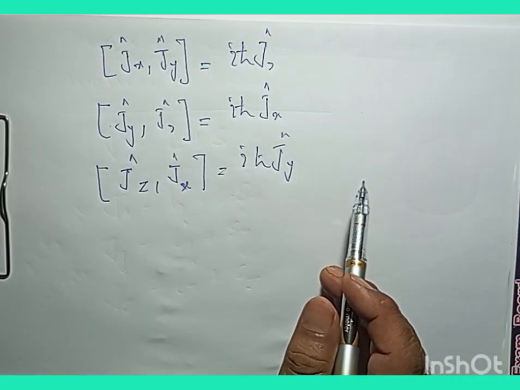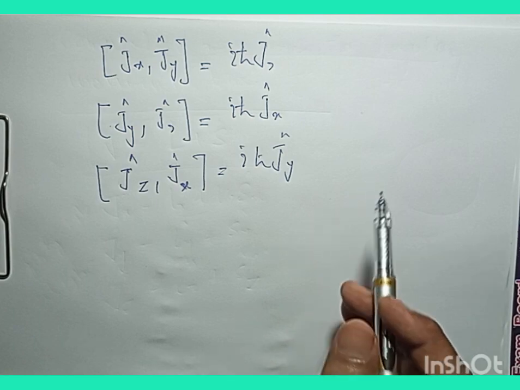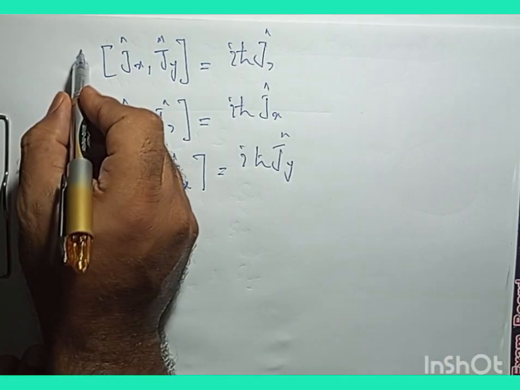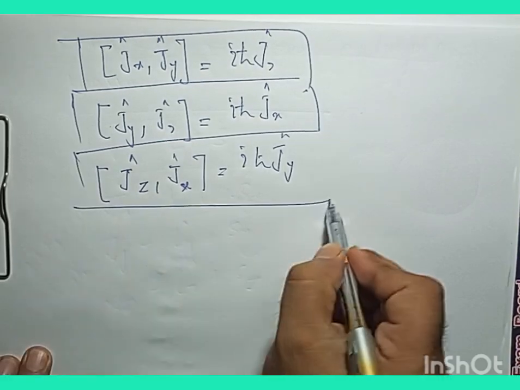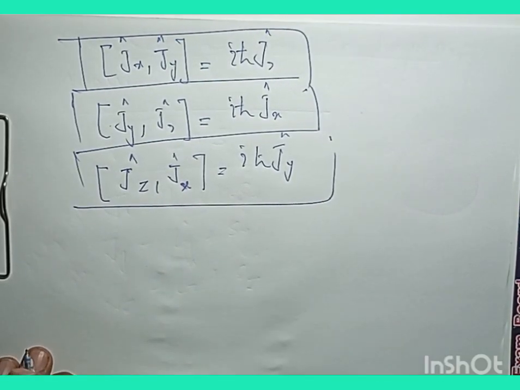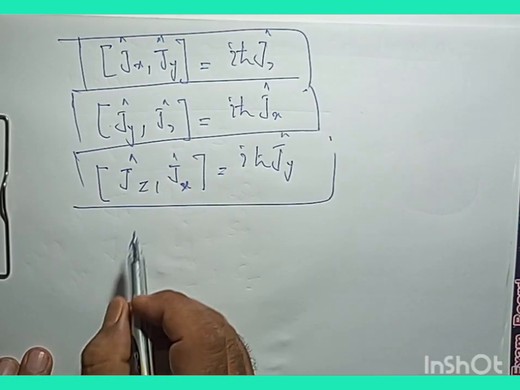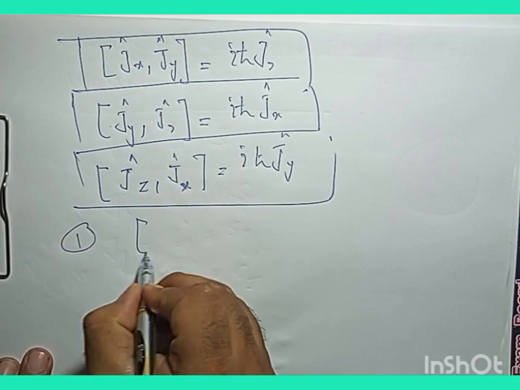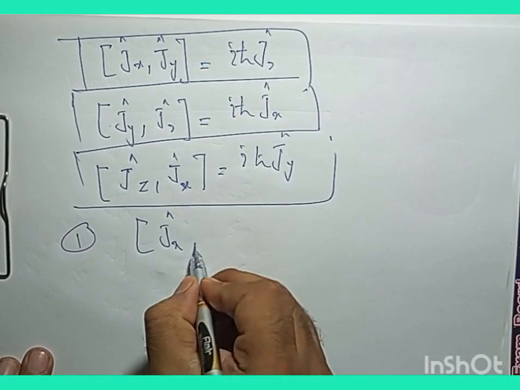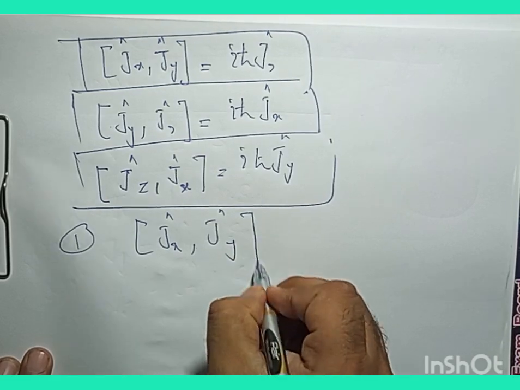Now, our aim in this video is that we want to obtain those commutation relations between the components of angular momentum. To start with, let's take on the first commutation relation, that is the commutation between Jx cap and Jy cap.